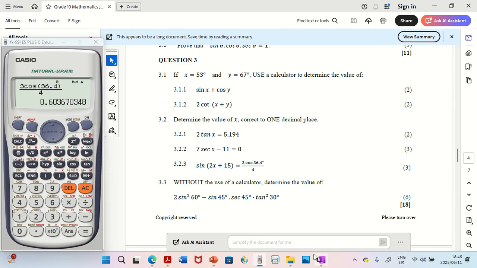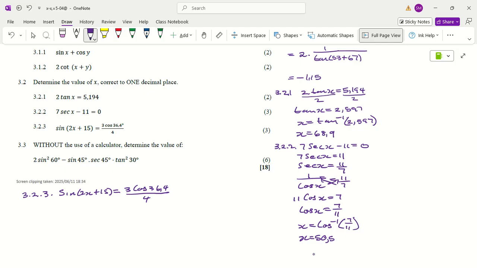So I've just simplified it, and this means now sine 2x plus 15 is equal to 0,60367 and continuing, right?